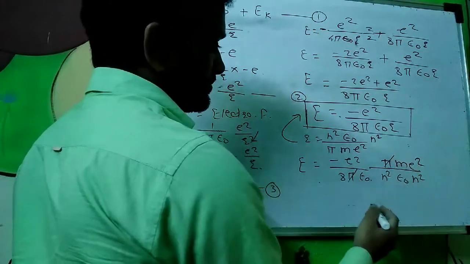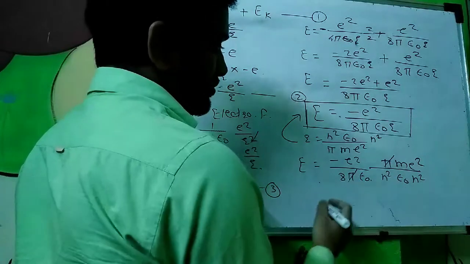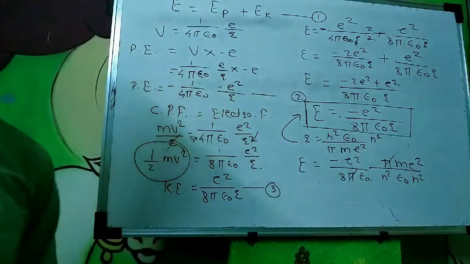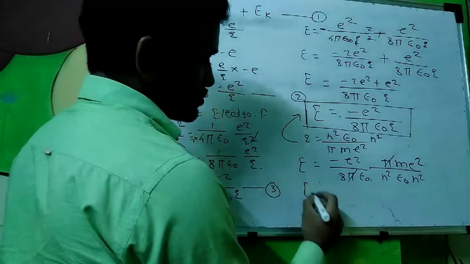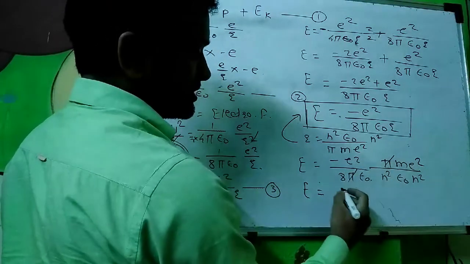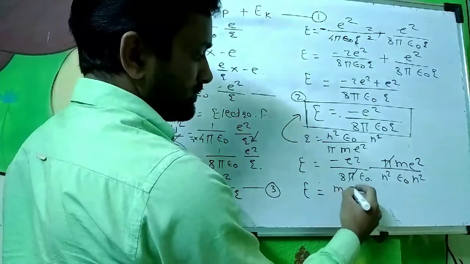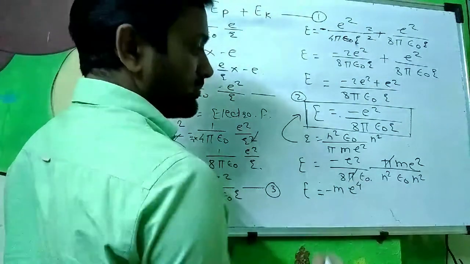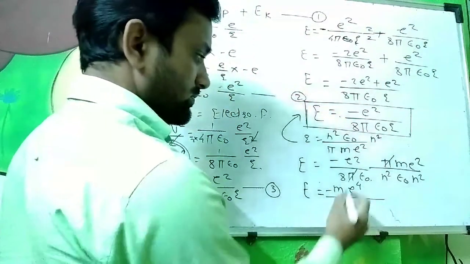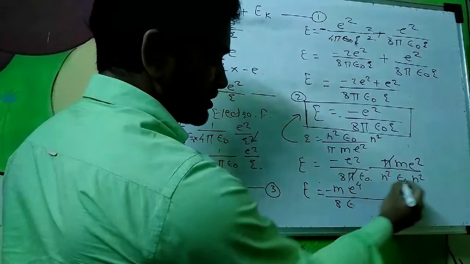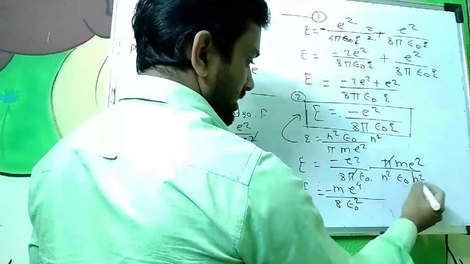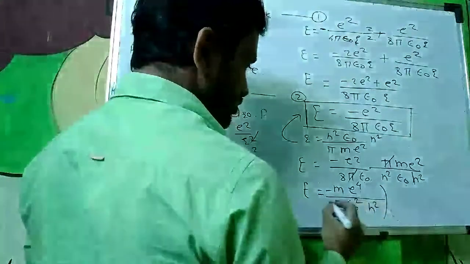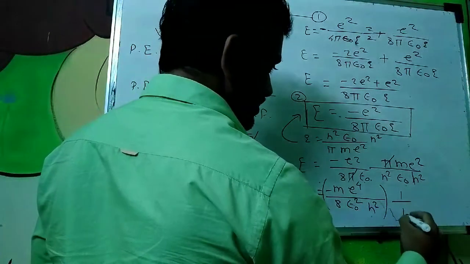Pi will cancel. e square into e square becomes e to the power 4. So we get minus m e raised to 4 by denominator 8 epsilon naught into epsilon naught becomes epsilon naught square, then h square, and the only changing term is n square.